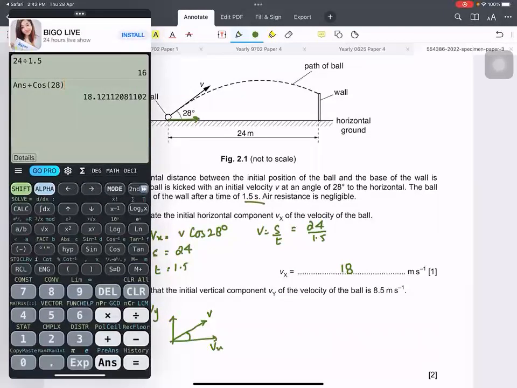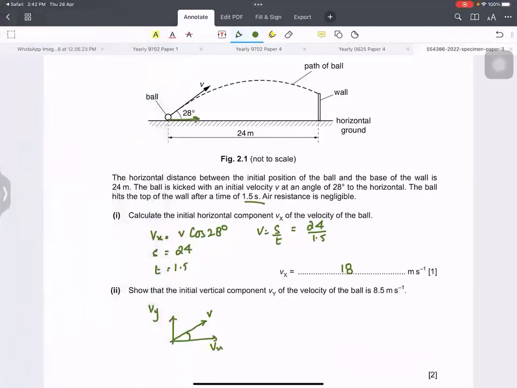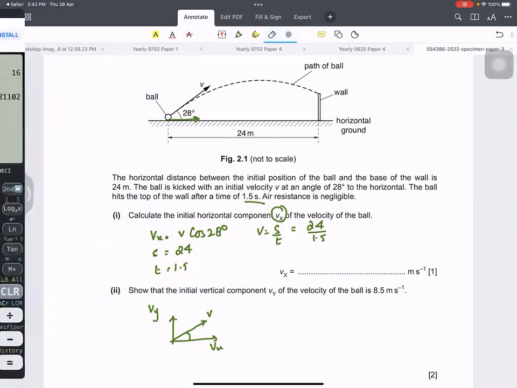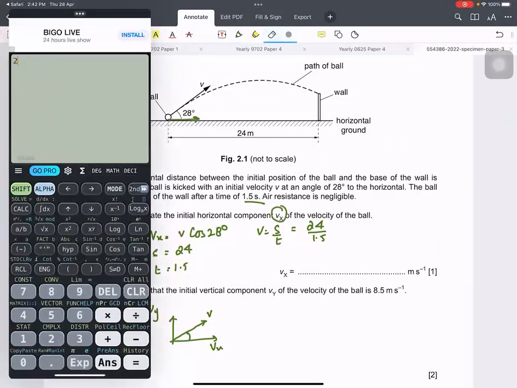Why are you doing cosine? Because it says calculate the horizontal component. But you found it. Yeah, I did. I'm sorry. I found V though. Okay, so this is just 24 divided by 1.5, right? 16. You're right. Now this is 16.